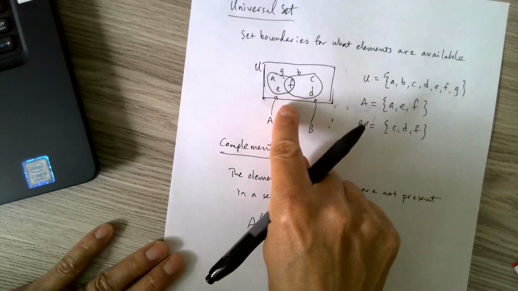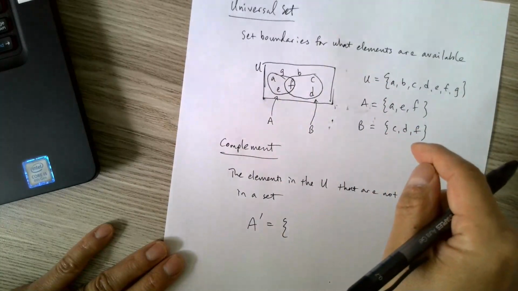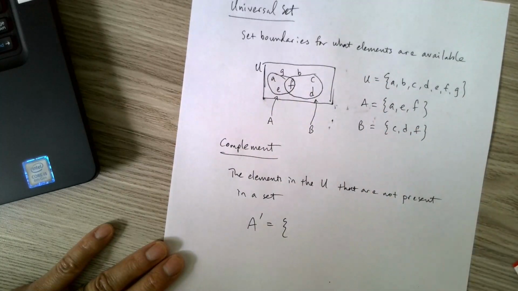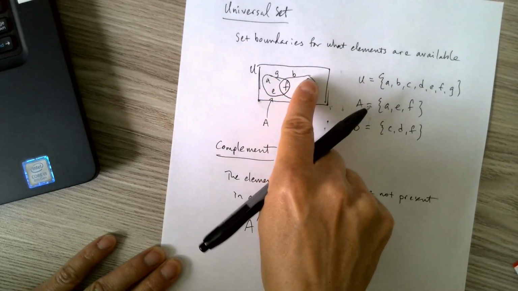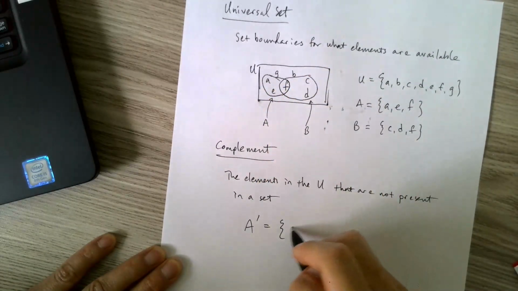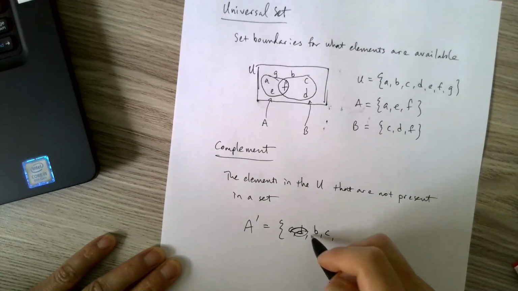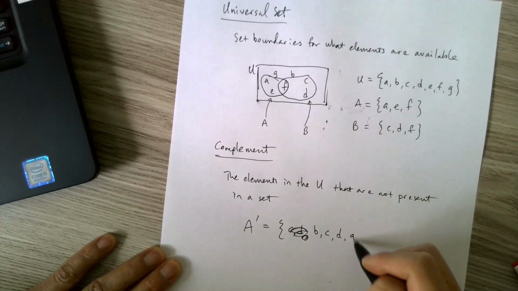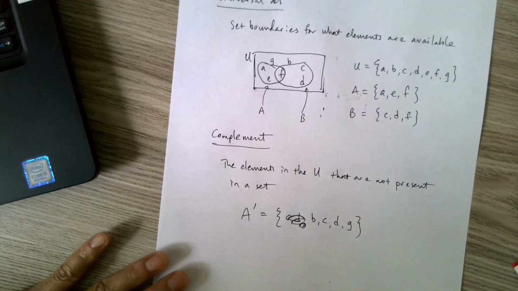We'll start with the diagram. Set A has A, E, F. What are the elements that are in the universe that are not in A? So in no particular order, G, B, C, D are not in A. I like putting them B, C, D, G. That would be alphabetical order. There is the complement of A.